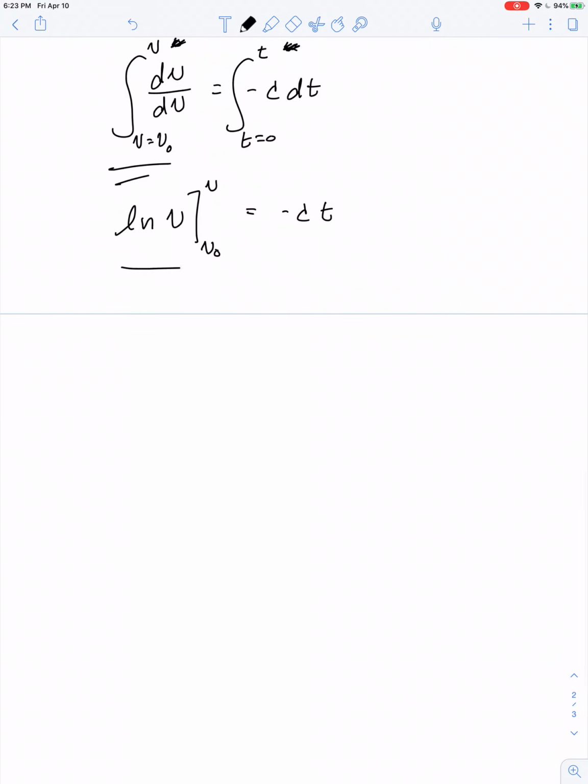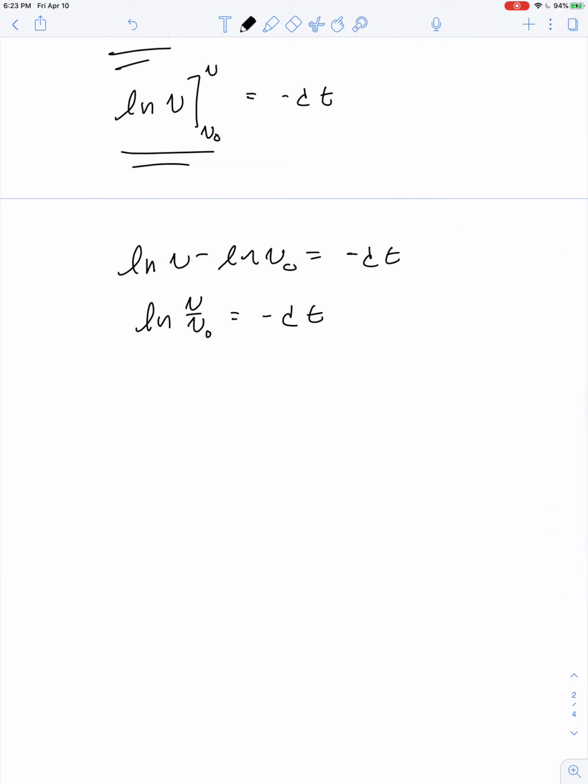So if we plug in the limits of integration, we have the natural log of v minus the natural log of v naught equals negative constant times time. That's the same thing as the natural log of v divided by v naught is negative constant times time. So we'll do the same thing on both sides of the equation.